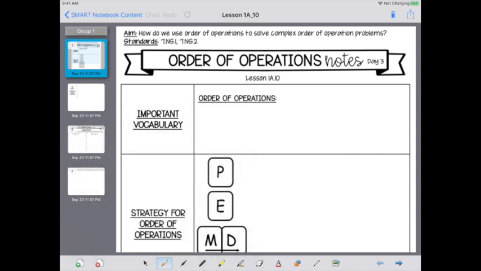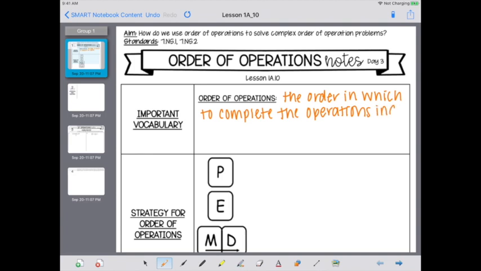So order of operations is the order in which to complete the operations in a setting or in an expression. Okay. A strategy of that would be PEMDAS.